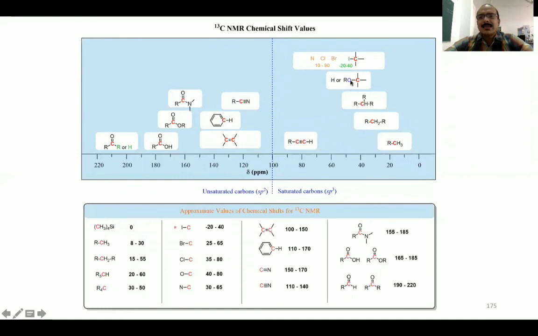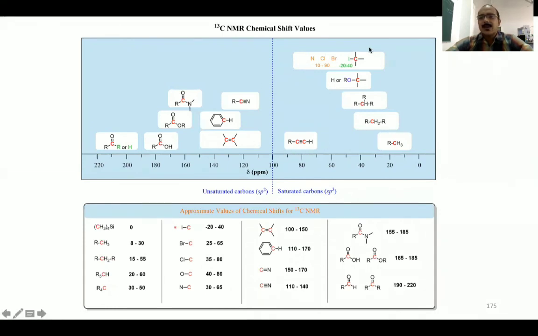If it is an alcohol or ether, then it will be between 62 to 35. And if there are any halides or halogens attached to the carbon, then it will vary from 20 up to 85 or 90. If it is an alkyne, that is an acetylene kind of molecule, such carbons will have values between 70 to 90.